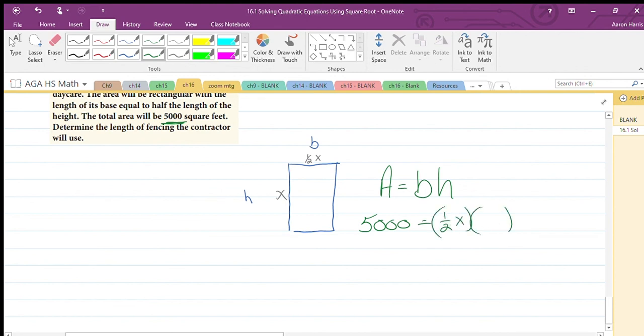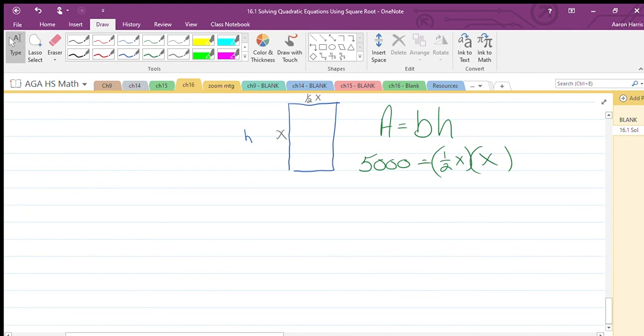The height is equal to what? X. And now all we want to do is solve for x. Well, first things first. I'm going to actually flip these around so it looks the same. So I have 1/2 times what? X squared equals 5,000. Right? Because x times x is x squared, and I have a half.